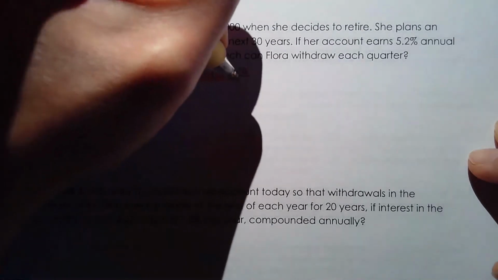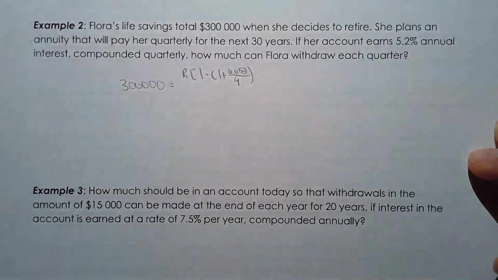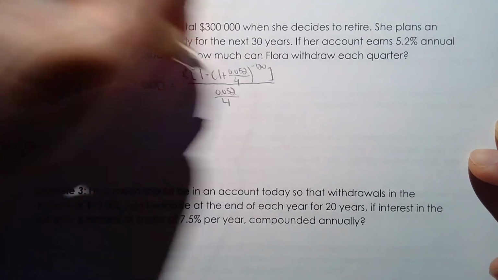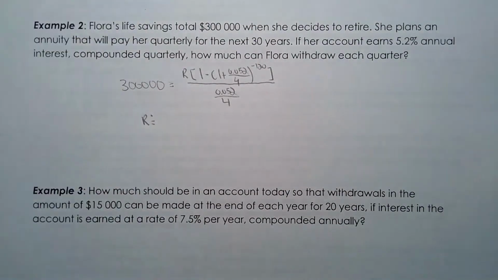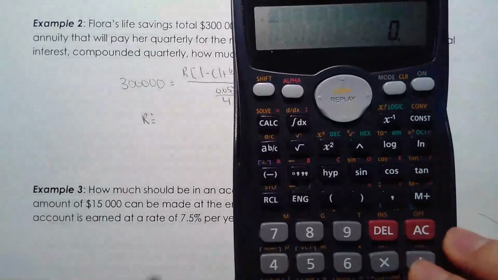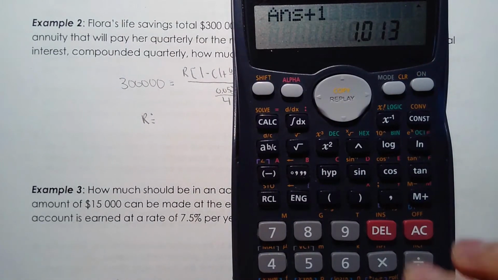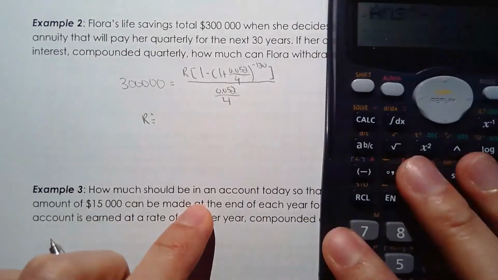Compounded quarterly, so 4 times a year for 30 years, that's 120 times. All right, when I solve for R, this is the moment of truth. It's a little scary doing this, but you know what?